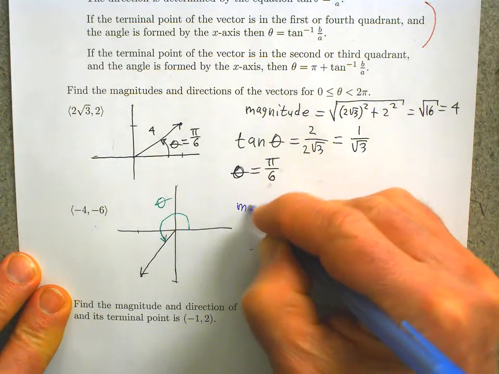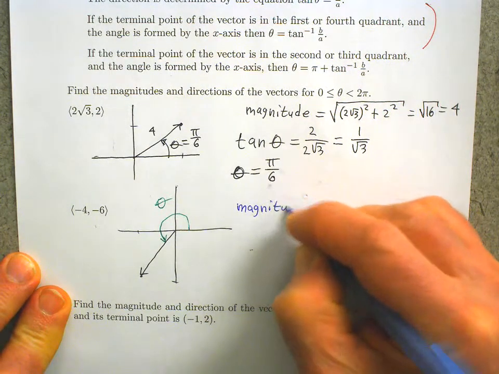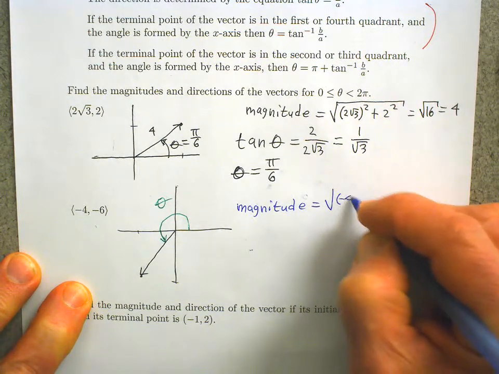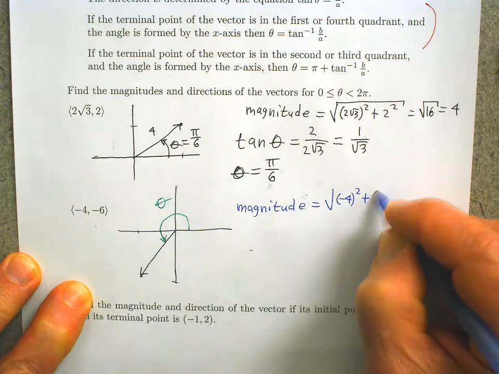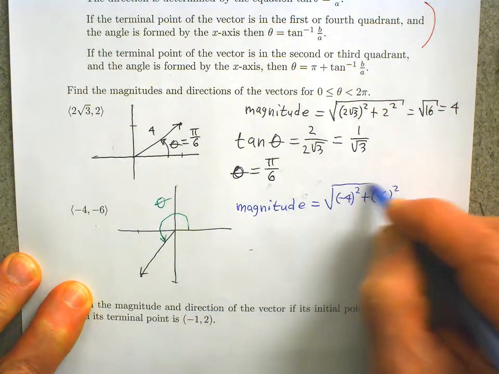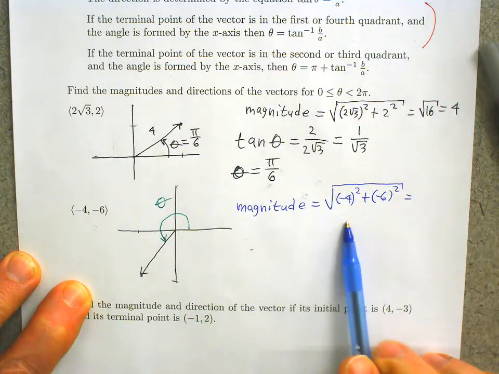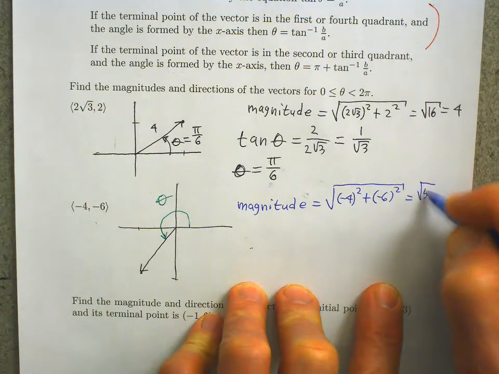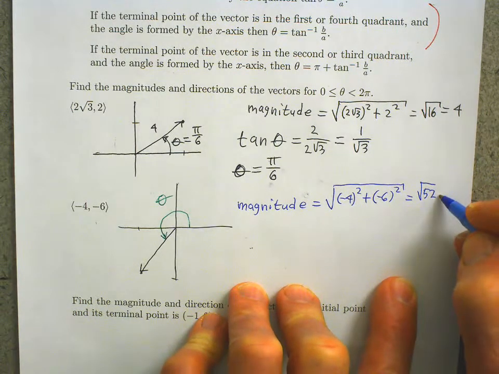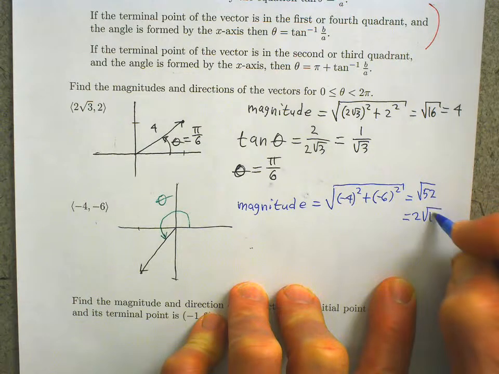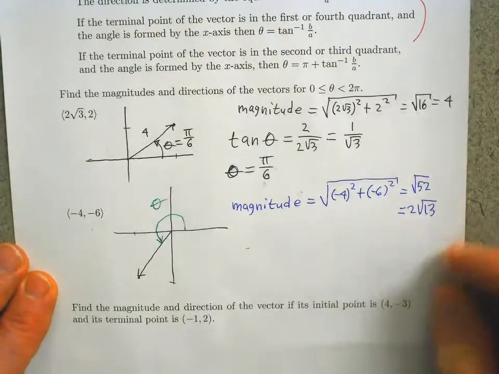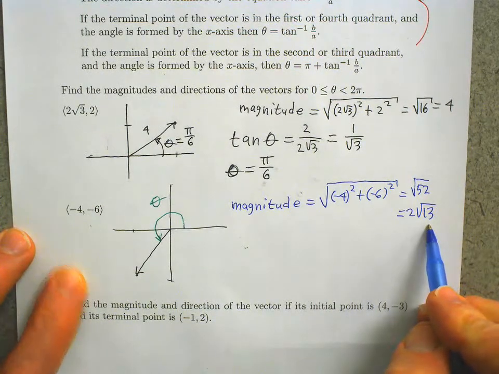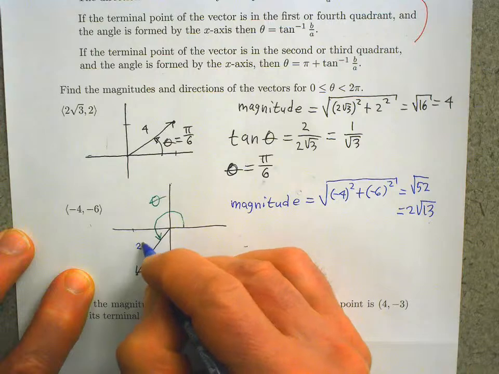The magnitude is equal to the square root of the number -4 squared plus the number -6 squared. So we get 16 plus 36 inside the square root, so the square root of 52. This simplifies to 2 times the square root of 13. Okay, so that's the magnitude, 2 times the square root of 13.